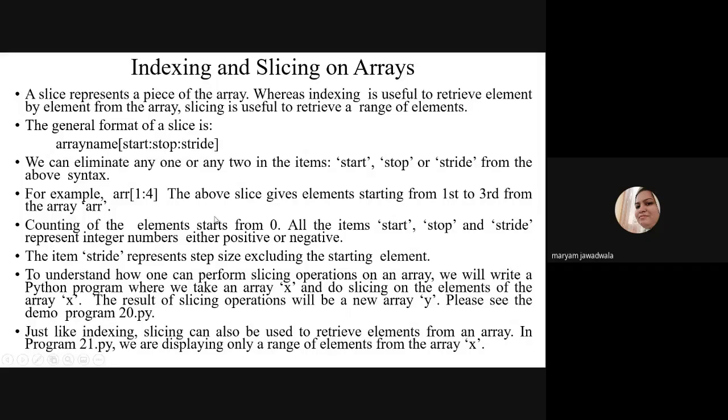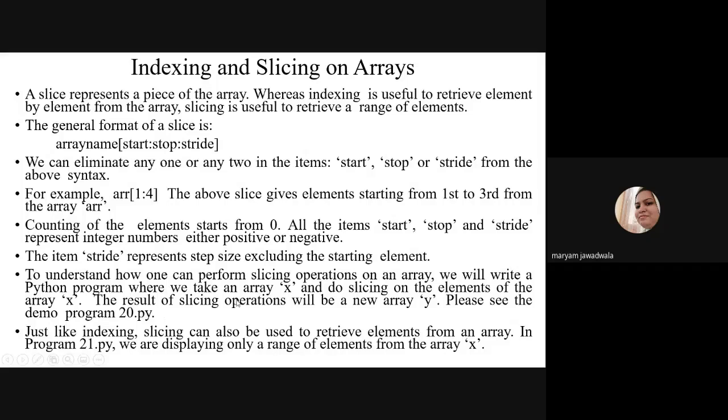Counting of elements starts from 0. All the items start, stop, and stride represent integer numbers, either positive or negative. The value of start, stop, and stride may be a positive integer or a negative integer. And the item stride represents the step size. The step size is represented by the stride, and it excludes the starting element.